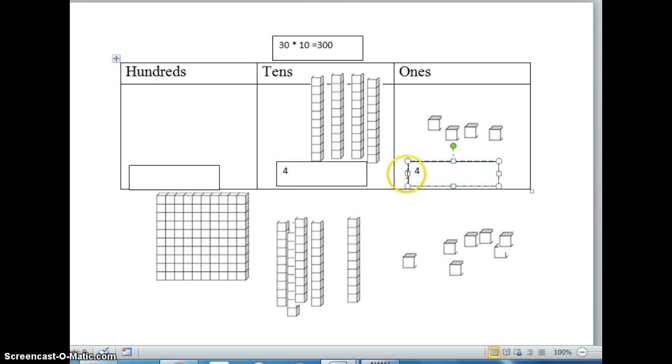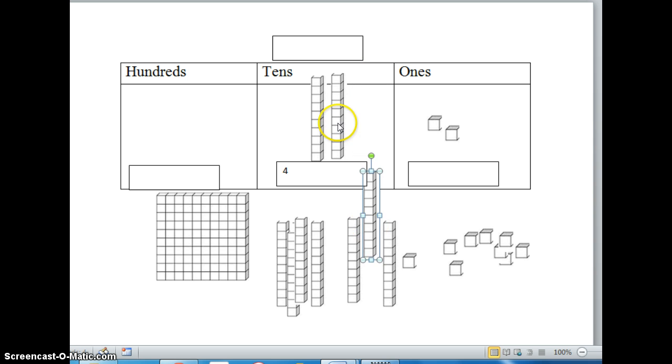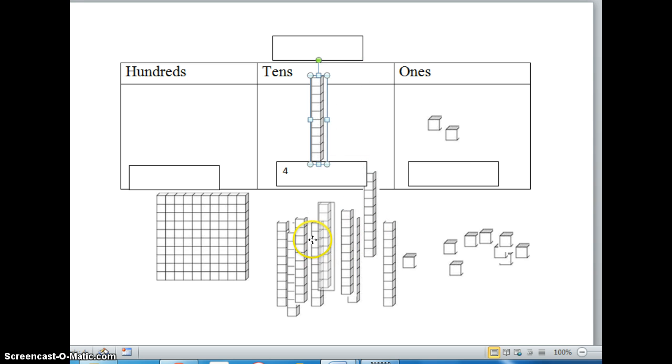If I have 2 ones and I'm going to multiply that by 10, so I got my 2 ones and I'm taking 2 times 10.